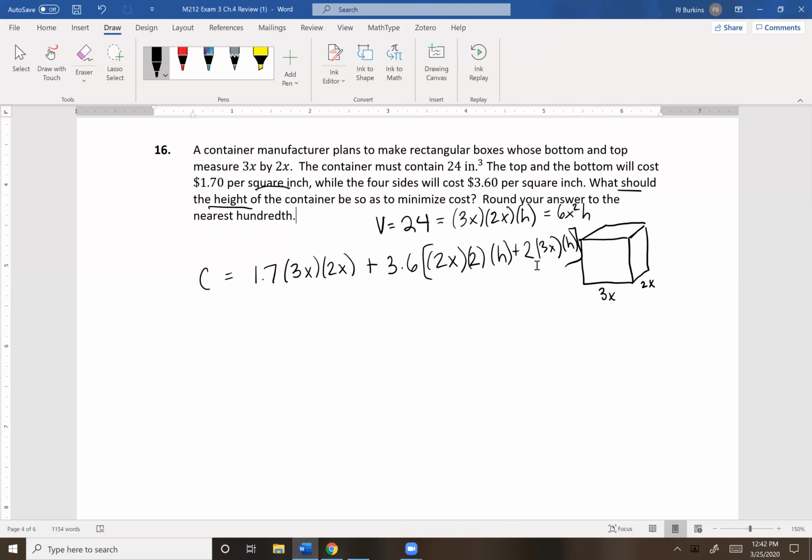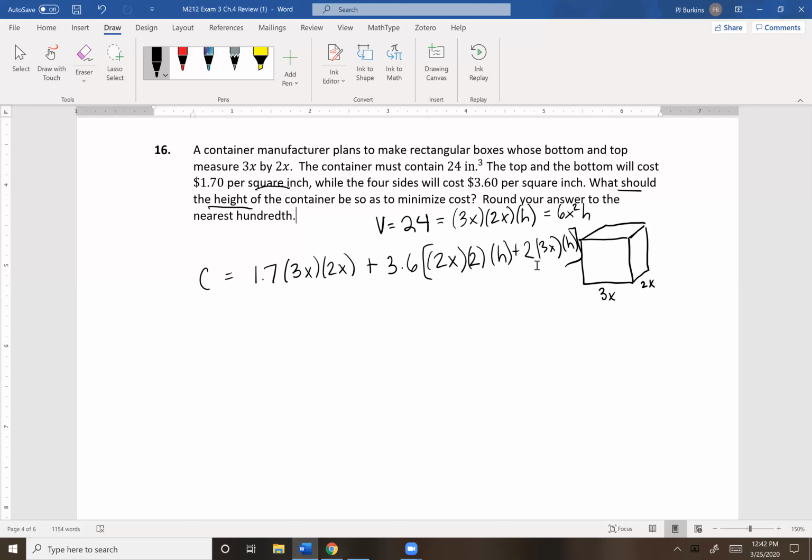We're trying to find h to minimize. We could go ahead and plug in for h in terms of x. Find x and then go back and solve for h.